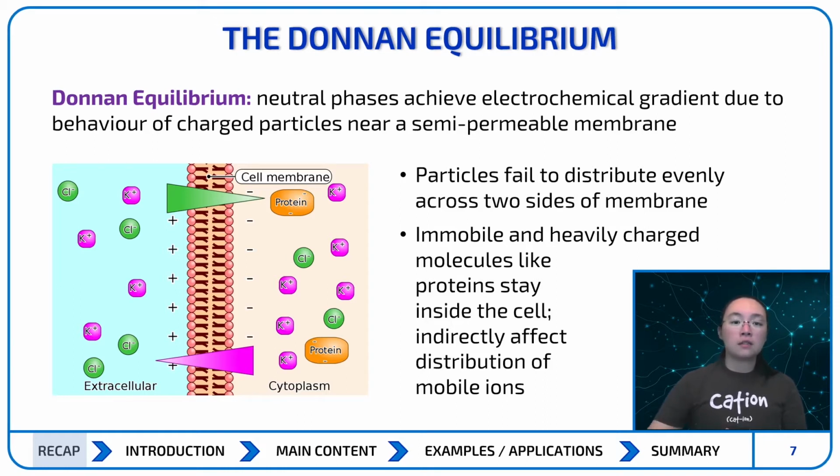In that case, you end up with immobile and heavily charged molecules like proteins being stuck inside the cell, which are going to cause a membrane potential to form, because your proteins will never be able to move, but your ions will still continue to pass in and out to try and reach a neutral charge for each phase individually.